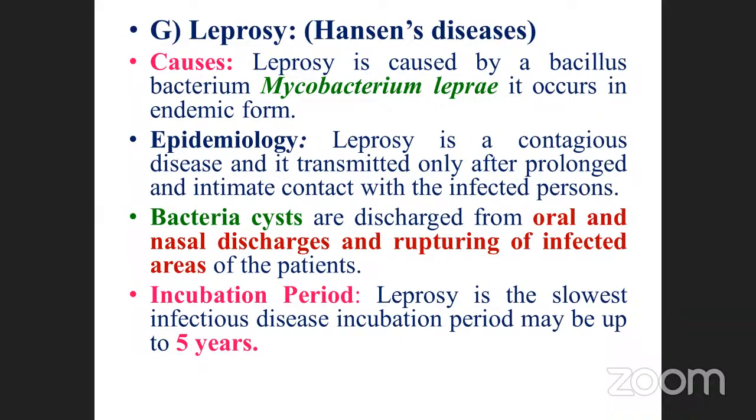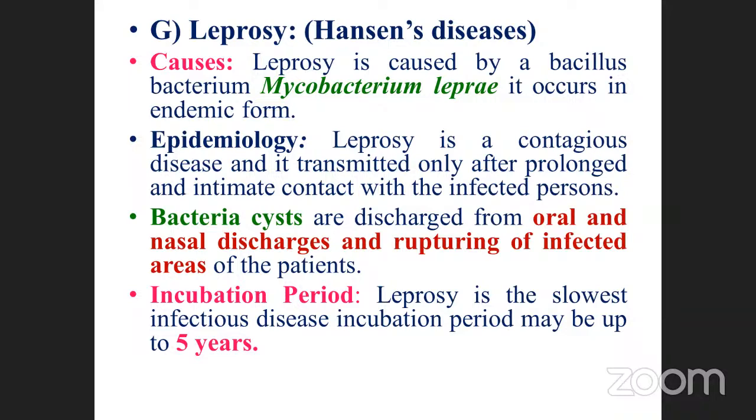And the incubation period: how many hours, months or years? See here, leprosy is the slowest infectious disease. We cannot easily find out which person has the disease. The incubation period may be up to 5 years.